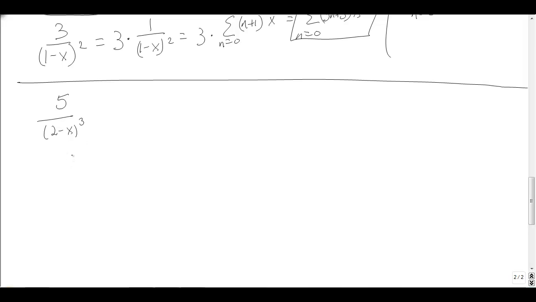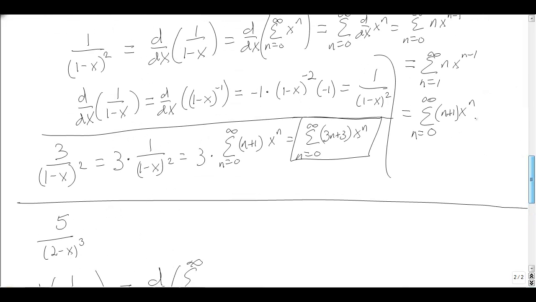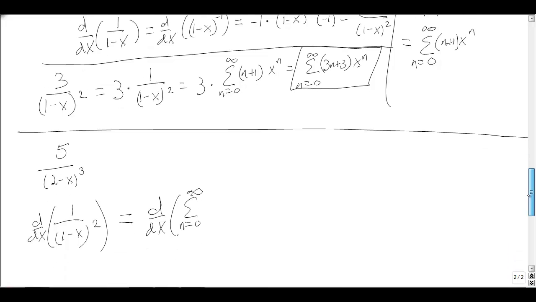So what I'm going to do is take 1 over 1 minus x, quantity squared, and differentiate that. So I'm going to get a derivative with respect to x of a sum, and I have to use the series that we got from the last question. That was n equals 0 to infinity, n plus 1 times x to the n.